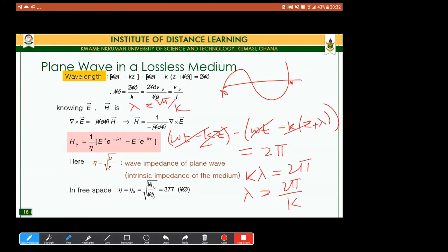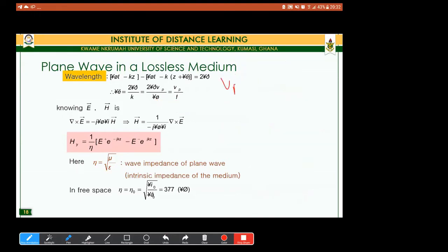And then we remember that Vp equals omega over k from the previous slide, and lambda equals 2 pi over k.